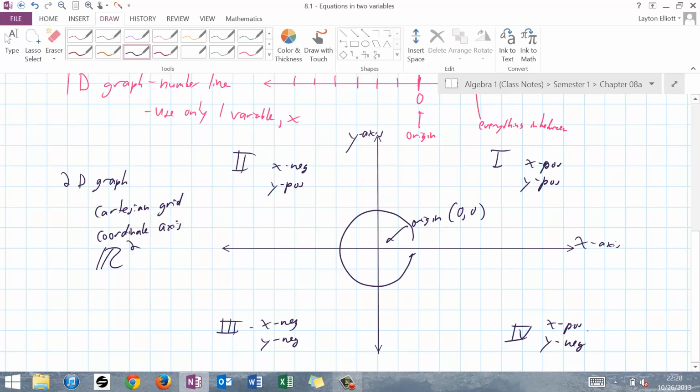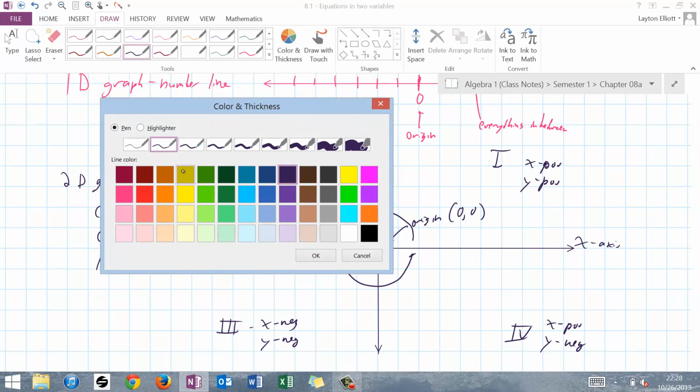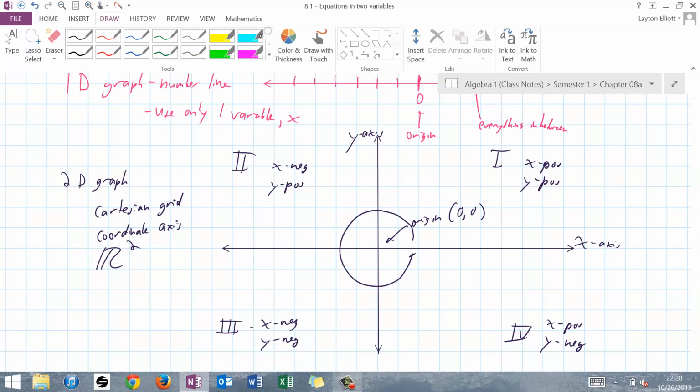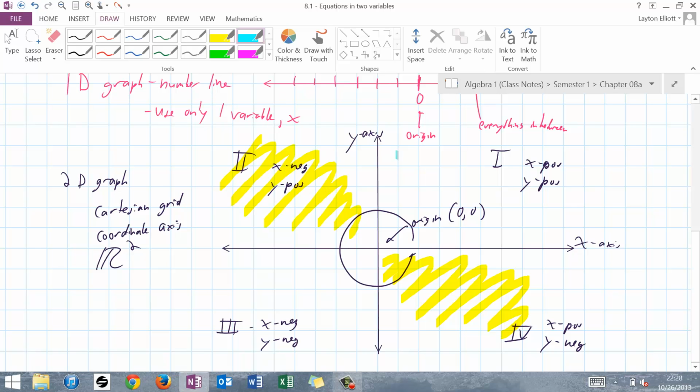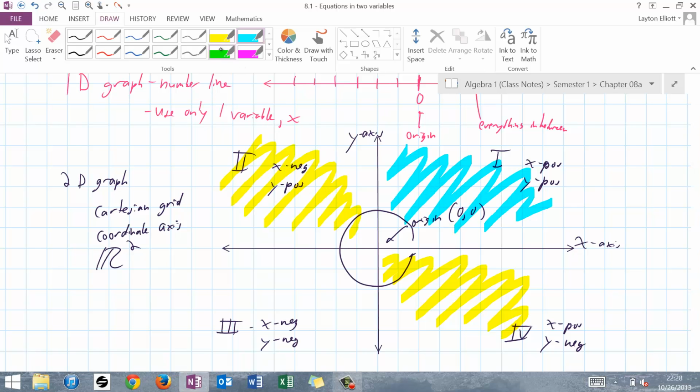We also have different regions. If I were to ask how many regions the graph is divided into, we do have 4 quadrants. It's important to know. Here's quadrant 1, quadrant 4, quadrant 2, quadrant 3.